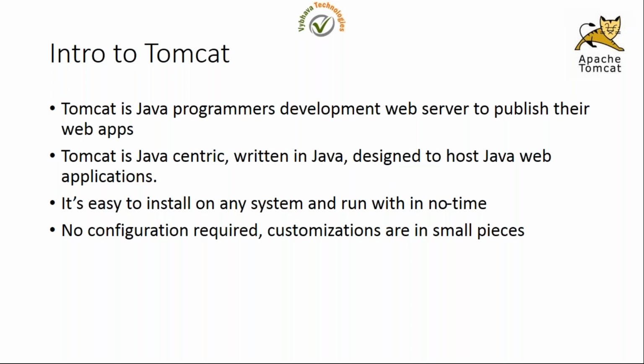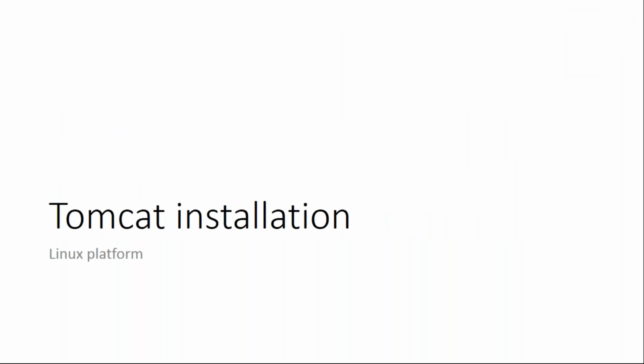You just start the server and it will work. No customizations, no extra pieces. If you want to configure multiple servers or run multiple ports, that is possible by modifying server.xml. We'll discuss that in detail, you don't need to worry about that.